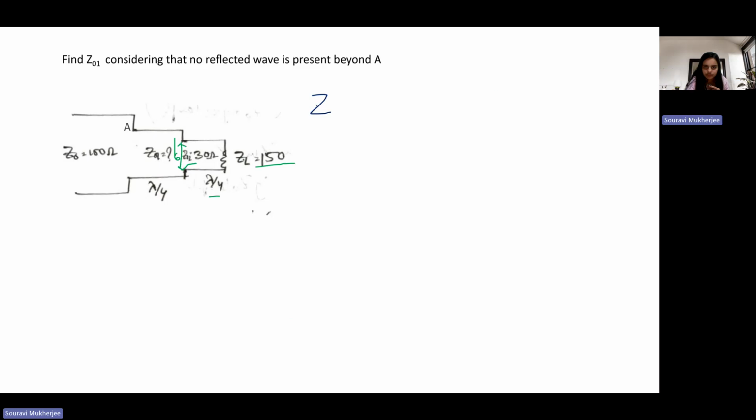We know that ZL is 6, right? That's the only information we have. We want to find Z01. That is the characteristic impedance. So this is not known. So what do we need? We basically need Z in, because all of them are quarter wave transmission lines, right? These are all lambda by 4 length. So that means if we know Z in, we can use the formula.